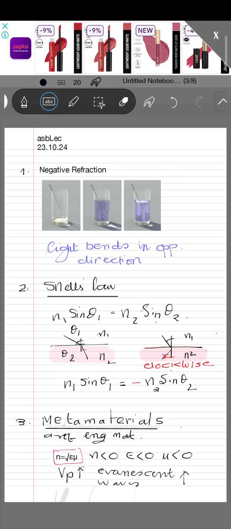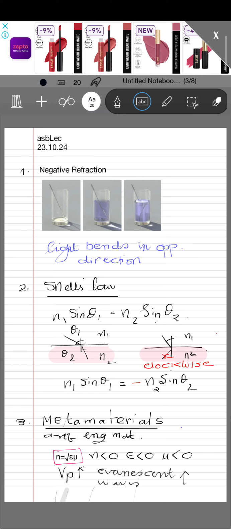Hello students, so today we will discuss some artificially made materials which show some unusual properties. We'll first start with something called negative refraction.